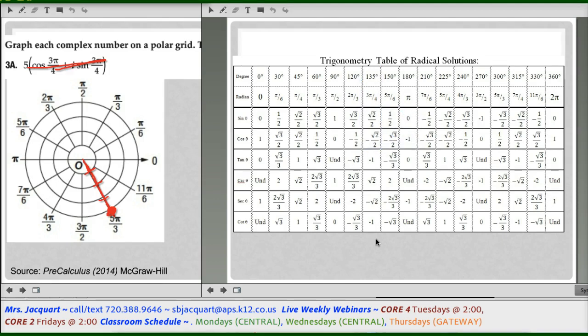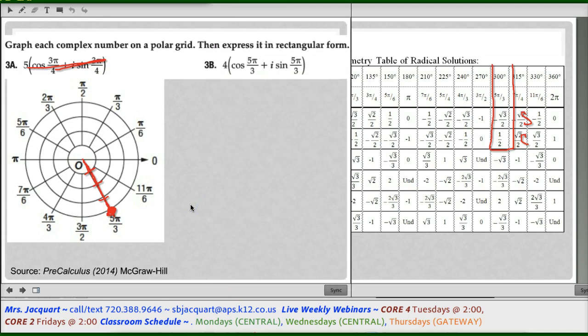Now let's go find our 5 pi thirds. And this is our sine, this is our cosine. So we can remember since I cover it up. And then we're just going to substitute stuff in. So I have 4, and my cosine of 5 pi thirds is 1/2.